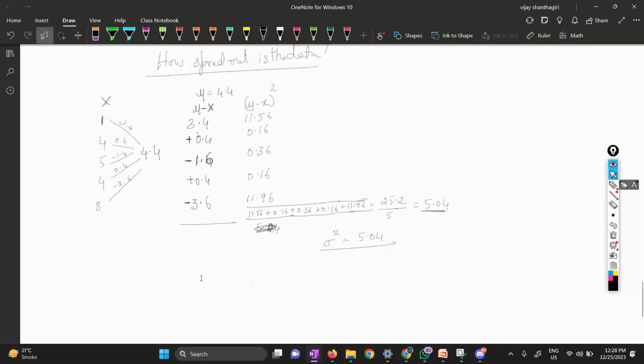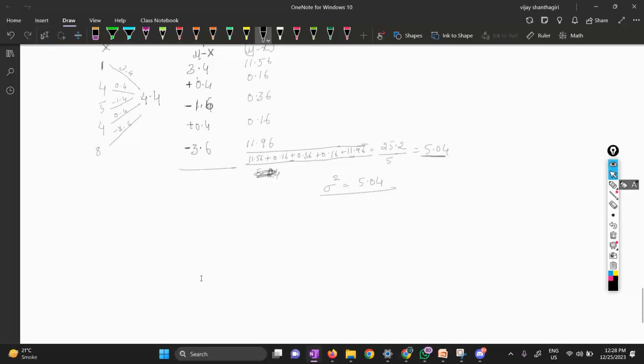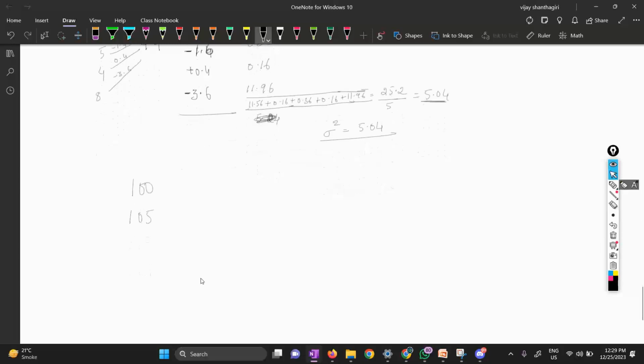You can go and check another value now. Let's take a very big number now, okay? Big numbers, let's take. Take 100, take 105, take... I want you to do this calculation.